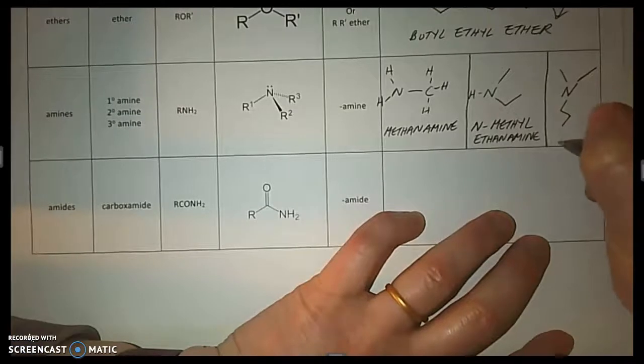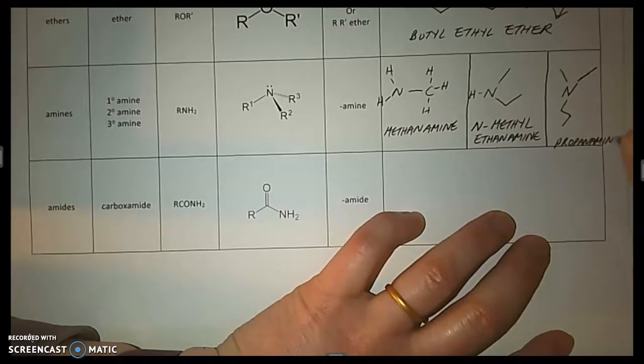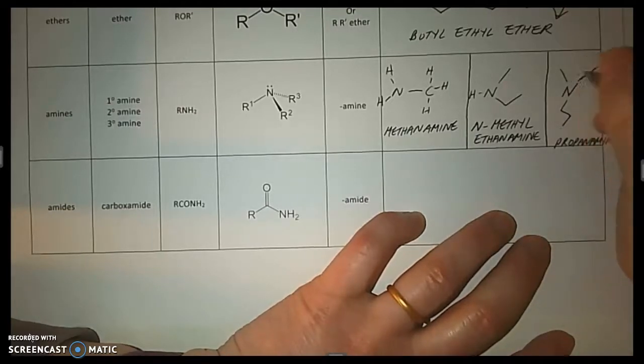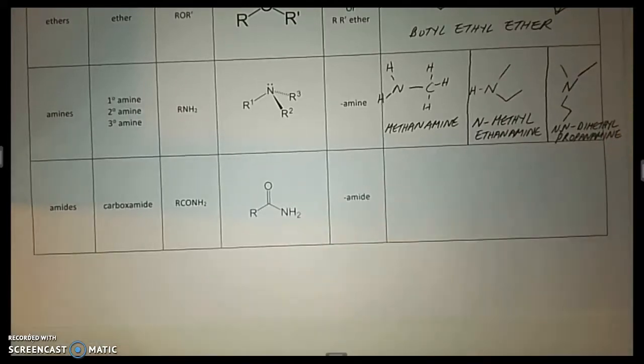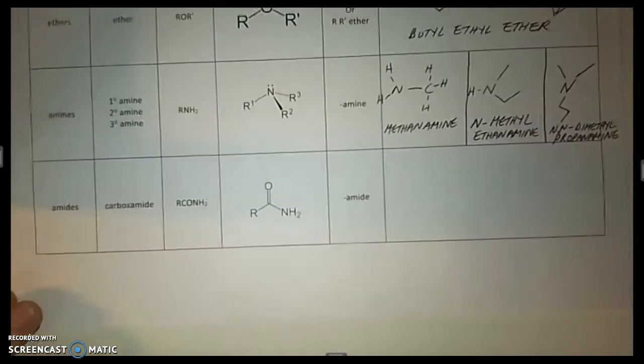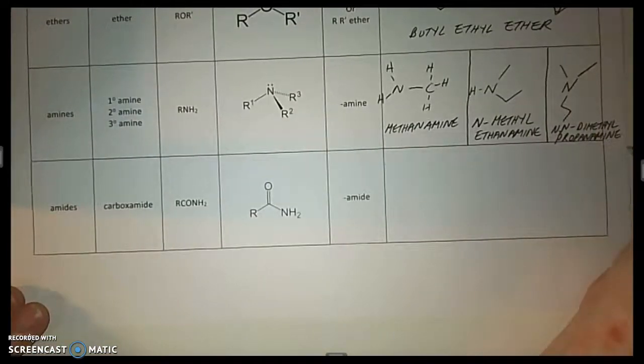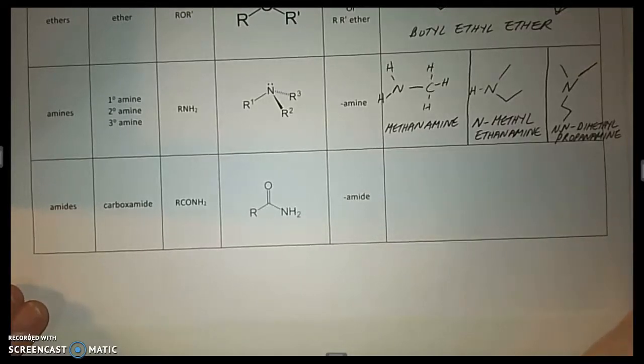My main chain here has 3 carbons, so the main group here is a propanamine. These are both methyl groups, so I'm going to group them together and call it N,N-dimethylpropanamine. Obviously, if one of these was an ethyl group, then maybe it would be N-ethyl-N-methylpropanamine. I hope you kind of see where this is going.